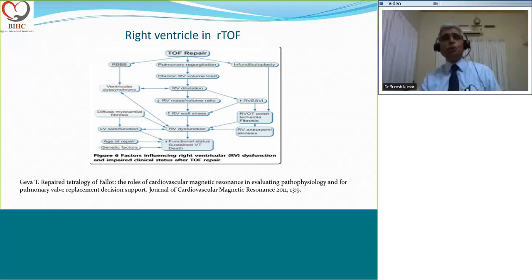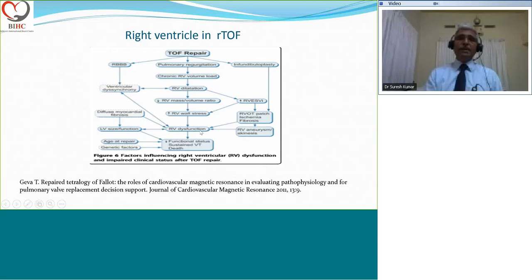This is a busy slide, but this is only to show you that tetralogy repair results in right bundle branch block, it results in pulmonary regurgitation, and the pulmonary regurgitation leads to RV volume overload, RV dilatation, all the physiological changes that we said, and leading to RV dysfunction. At the same time, the infundibuloplasty leads to an RVOT aneurysm, which also causes RV dysfunction.